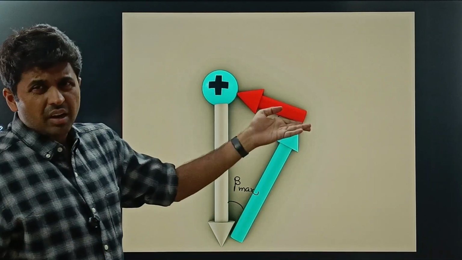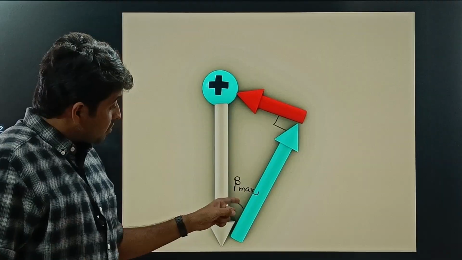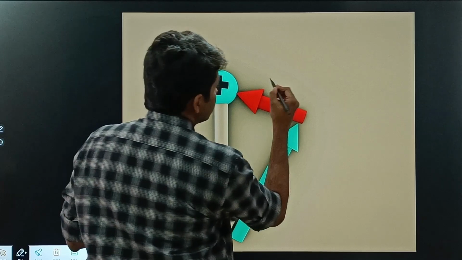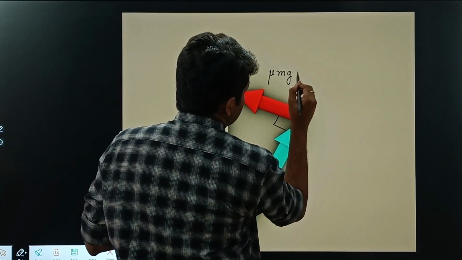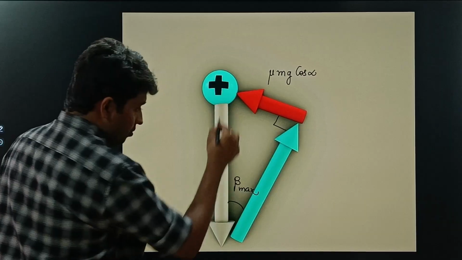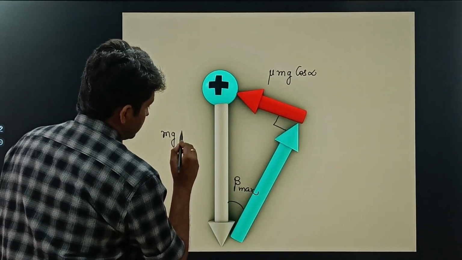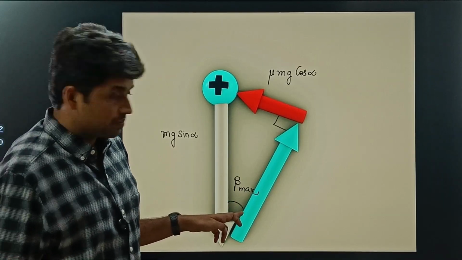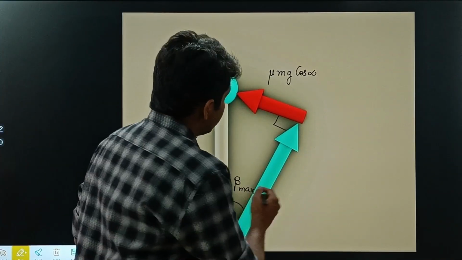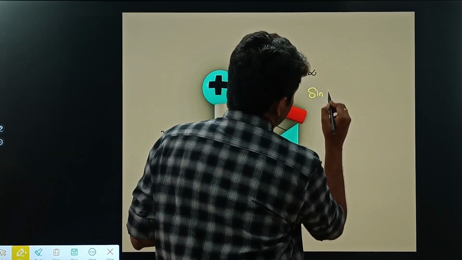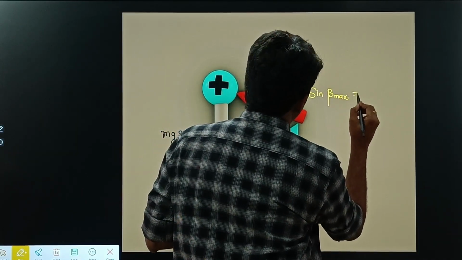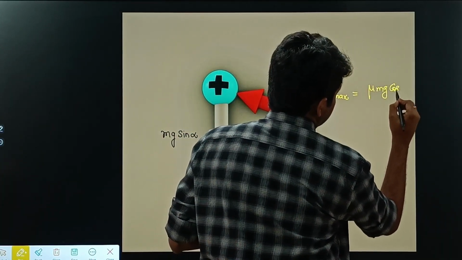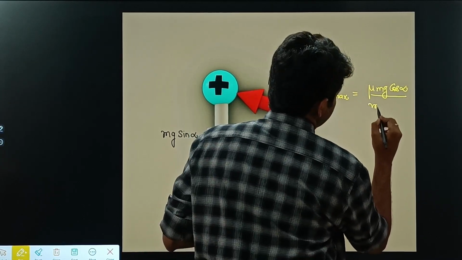Okay, we have taken for some value of friction. Okay, that means beta max will occur for the maximum value of friction, right? So what is the friction maximum value? Mu mg cos alpha. Okay, and what is this? Mg sin alpha. So he has asked us to find what is the beta maximum. So what can we write? Tell me. So I can write here sin beta max equal to mu mg cos alpha divided by mg sin alpha.